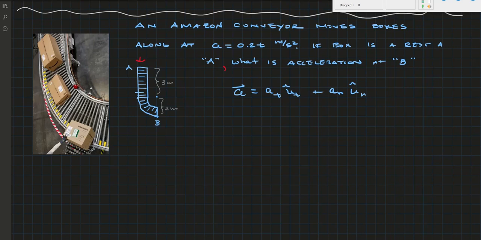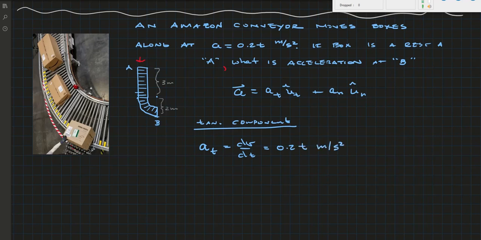Let's begin here with our tangential component, a sub t at B. So again, this equals dv/dt, which is 0.2t meters per second squared.